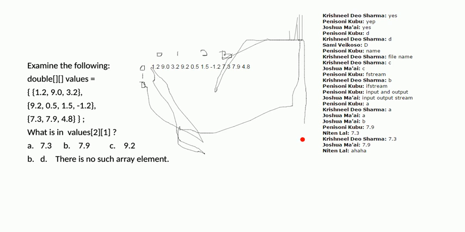So we come to the row where there is 7.3, 7.9 and 4.8. And then we want column 1. At index 1, sorry, not column 1. So at index 1, do we have 7.3 or 7.9? We have 7.9. 7.3 is at index 0, right?